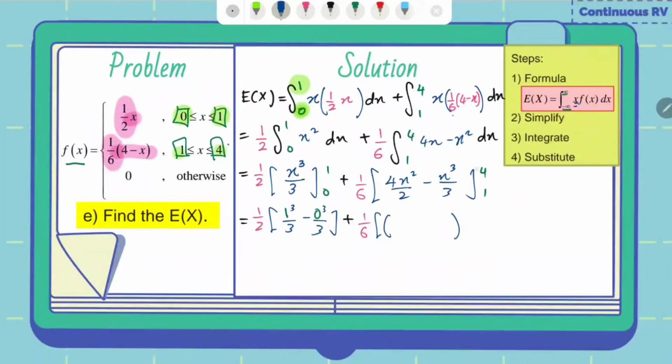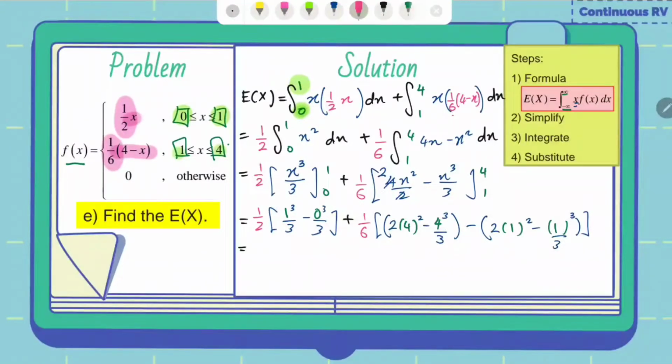We have to substitute 4, because it's the upper limit, into the x first, and then minus substituting the lower limit, which is 1. But before that, you can simplify 2 with 4, cancel it off, you will get 2, because 4 divided by 2 is 2. To solve this, just press your calculator. The answer of E of x is 5 over 3.